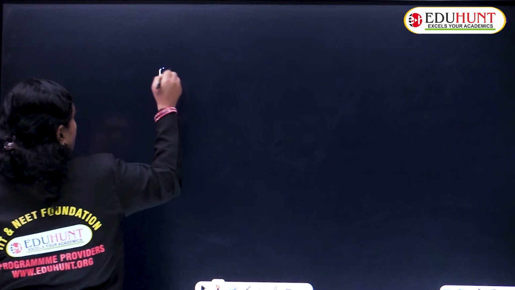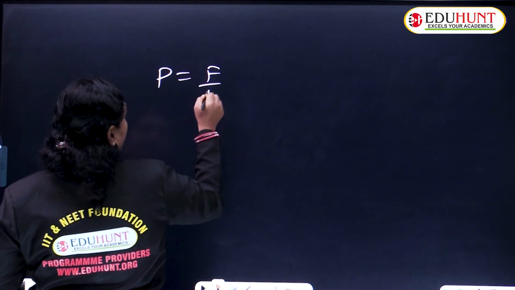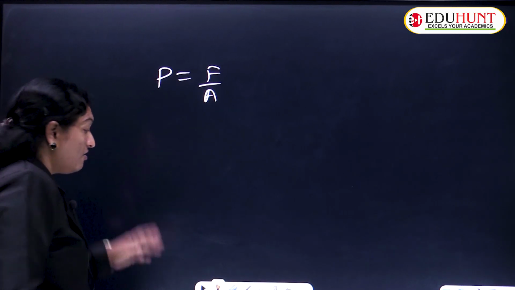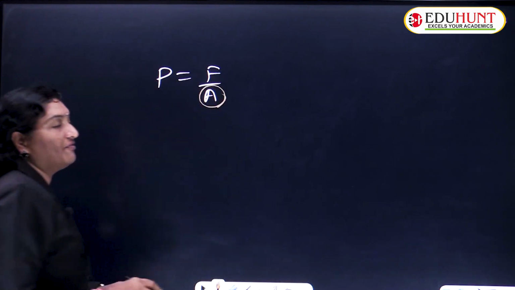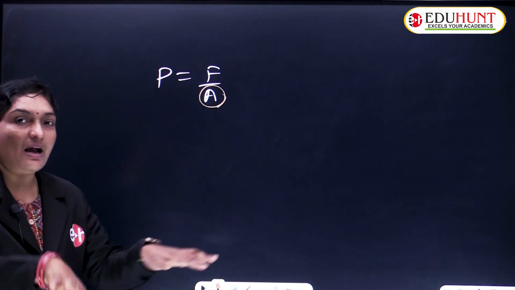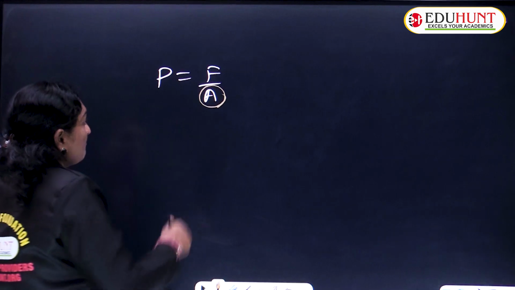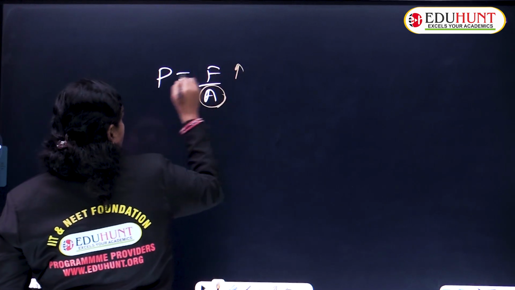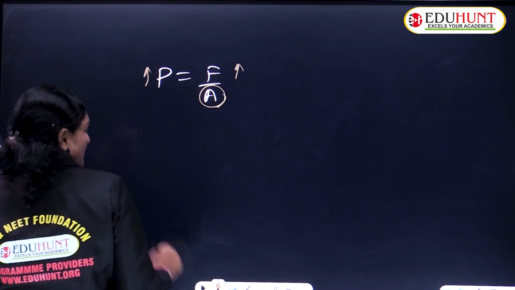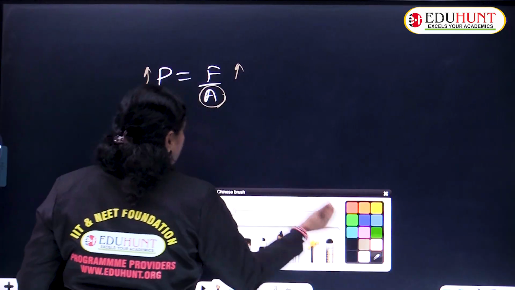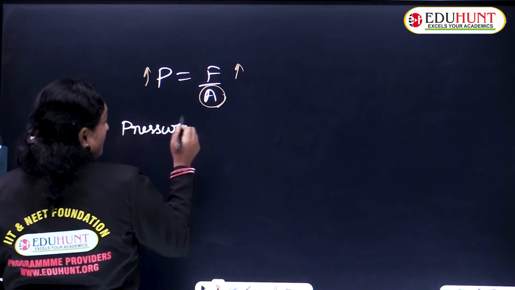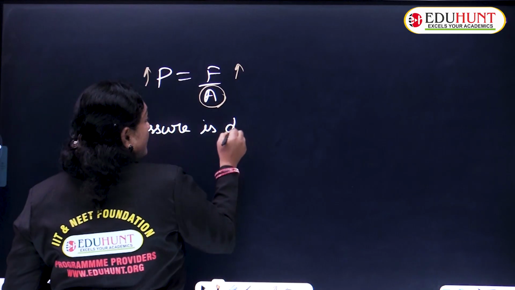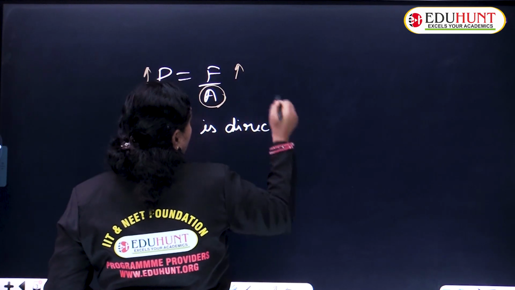Since pressure is equal to force upon area, for a given surface, if the area of the surface is constant, and if force is increased, then pressure will increase. This indicates that pressure is directly proportional to force.